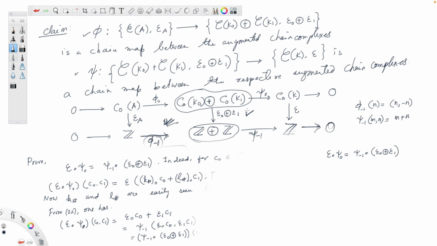So which means that the square on the right also commutes, because we go from C0 of K0 direct sum C0 of K1 to Z via this path, which is epsilon composed with psi 0, and then it's the same as taking this path, which is psi minus 1 composed with epsilon 0 direct sum epsilon 1. Okay, all right.